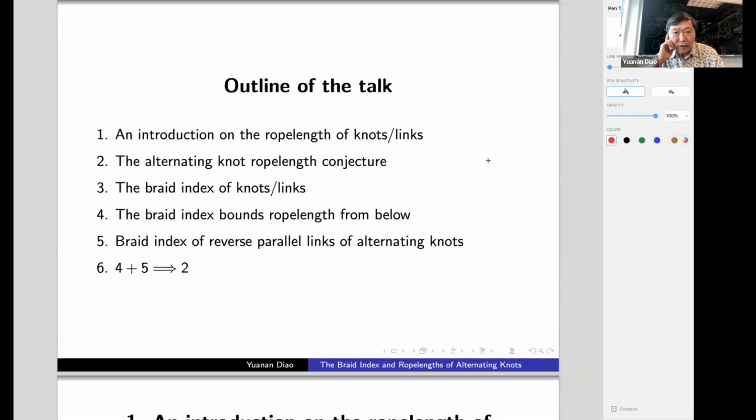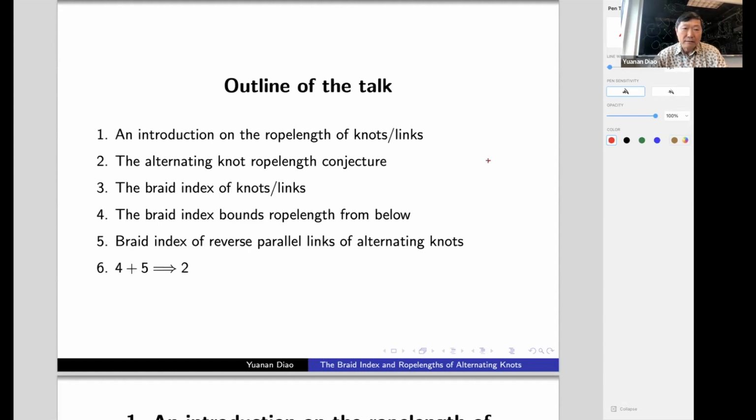I'm going to talk about the rope length, the definitions. I'm not assuming everybody knows all the details, so I will give a little bit of outline and the history. And I will talk about the main topic of this talk, which is a conjecture about the rope length of alternating knots.